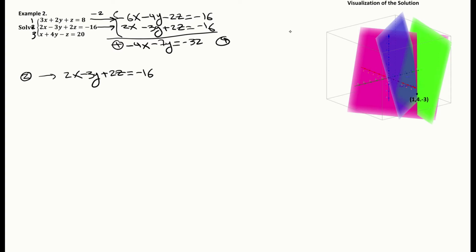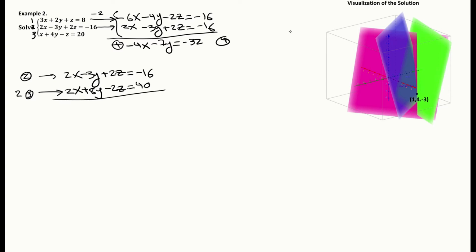For the third equation, we will multiply that by a 2. So we're going to multiply equation 3 by 2, and we end up with 2x plus 8y minus 2z equals 40.